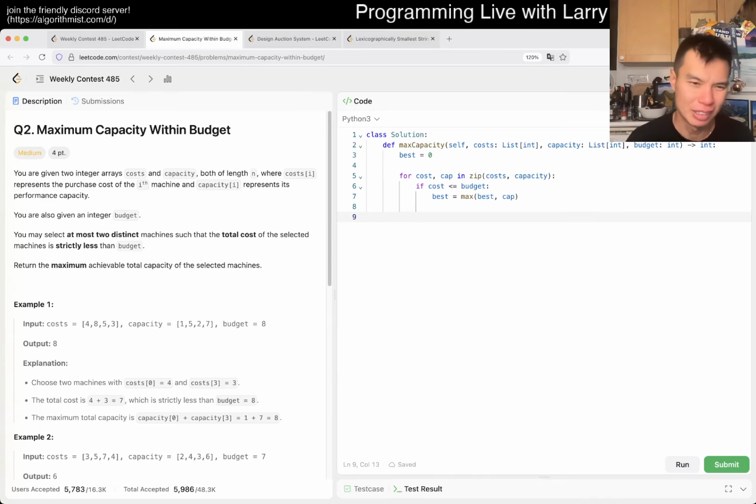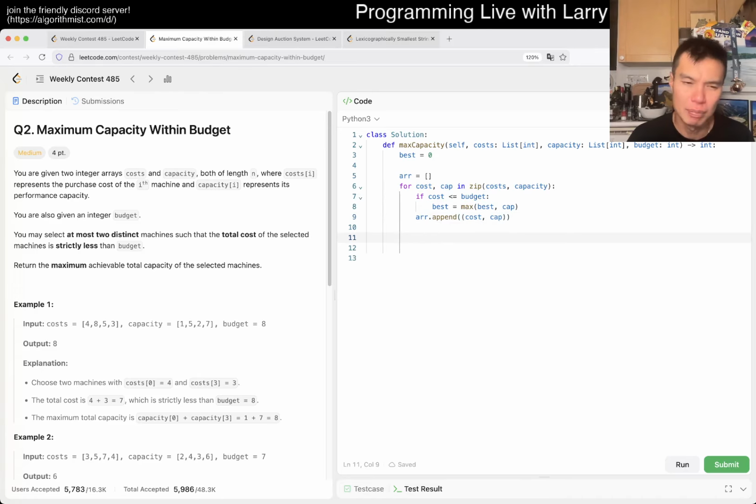There are a lot of things you can do. I'm just lazy on all of them. Yeah, I guess we should sort. It's just annoying that they give a list of 2 things, but okay. We want to sort by cost.